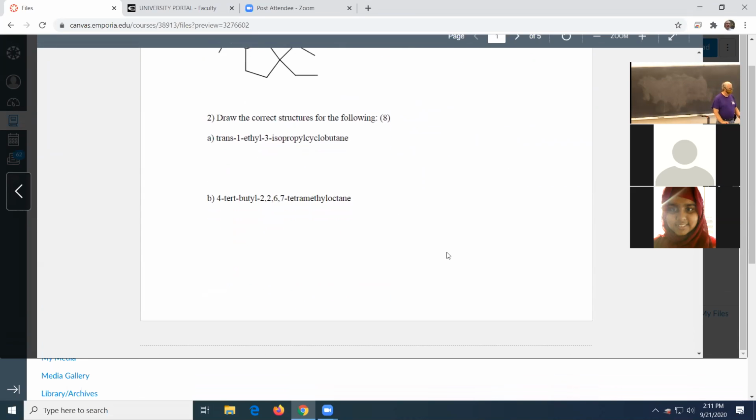Okay, draw the structures of these. Cyclobutane is a 4-membered ring. And we have an ethyl and an isopropyl. So ethyl and isopropyl. And make them trans.